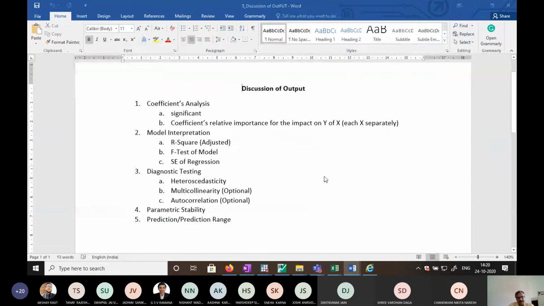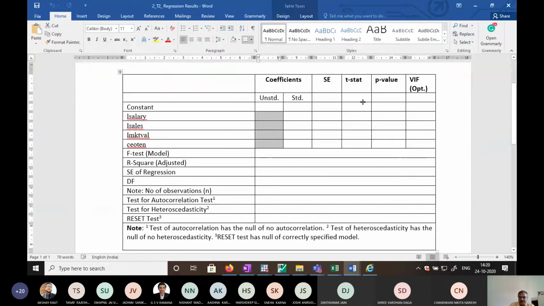Even if you don't report the p-value, people will comprehend the result with the help of the t-value. But because this is a t-distribution dependent upon certain degrees of freedom, it is always advisable to help the reader of your analysis by providing all these things. Standard will calculate. So the value of the coefficient, standard error, t-test, and p-value. VIF, we will come to it.